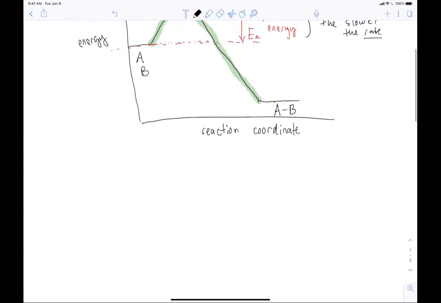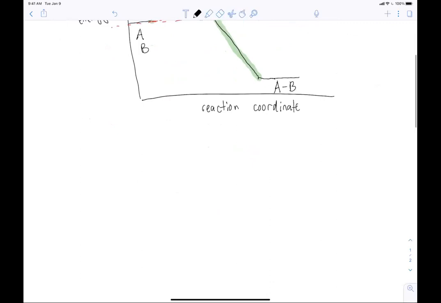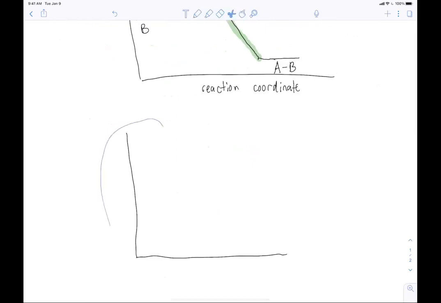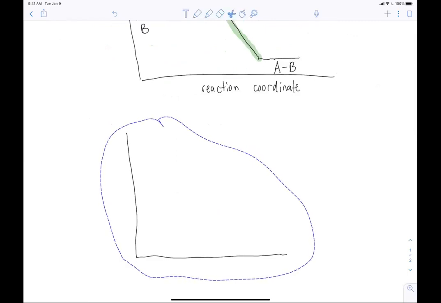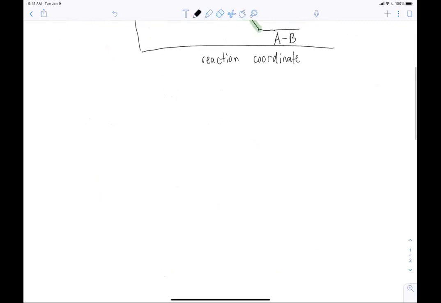So let's say that we're going between, so when we looked at reaction mechanisms, we realized that the way we've been looking at things, I'm trying to think of a reaction that happens in 2 steps.